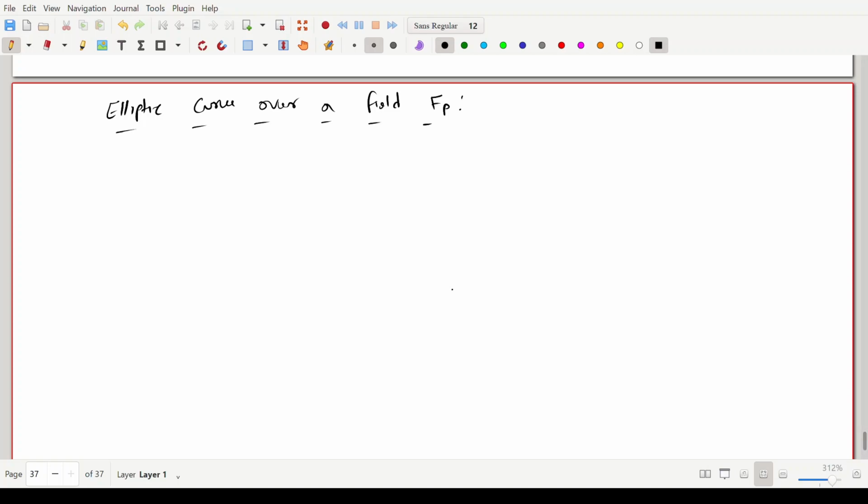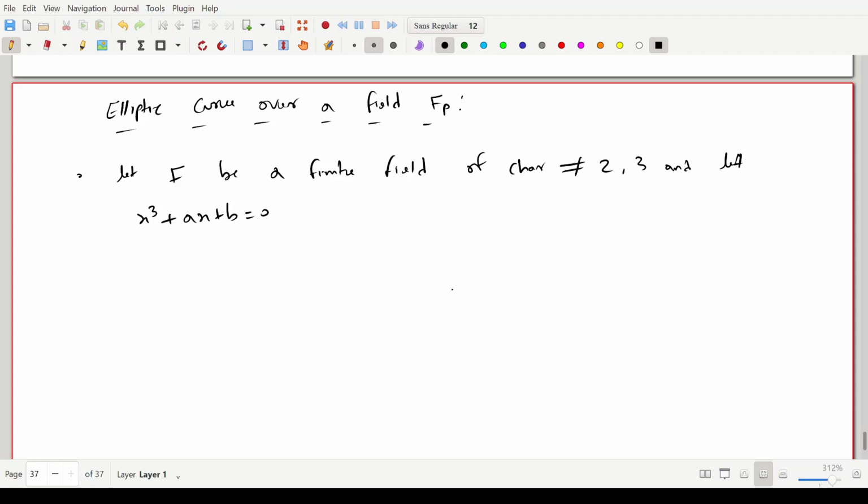Okay. So let F be a finite field of characteristic not equal to 2 or 3, and let x cube plus ax plus b is equal to 0, where a, b belongs to F, be a cubic polynomial with no multiple roots.